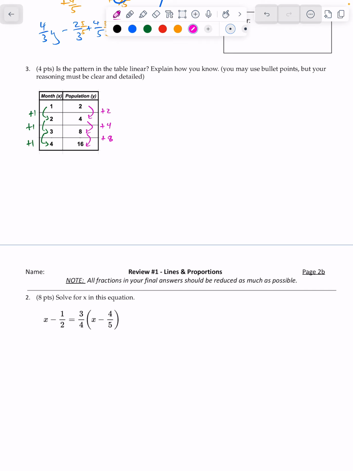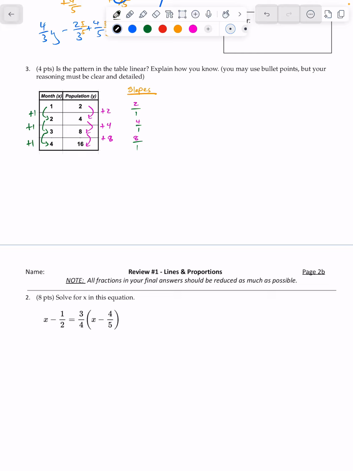So the various slopes that we get, slopes, are 2 over 1, and then 4 over 1, and then 8 over 1.